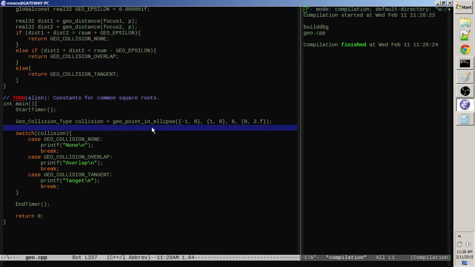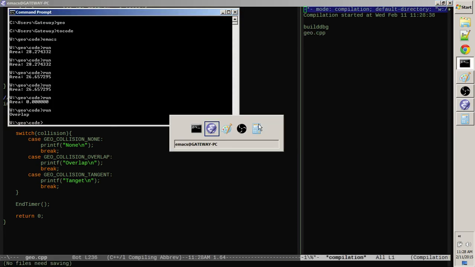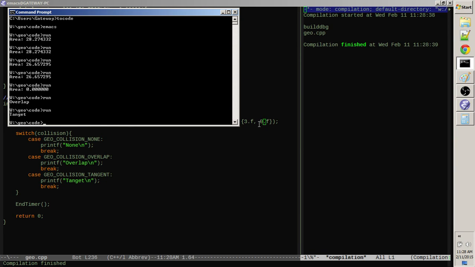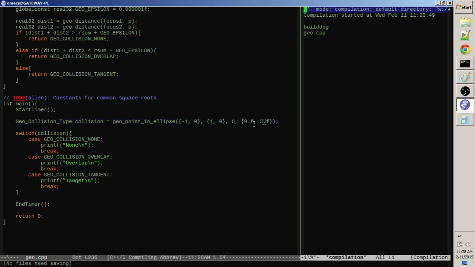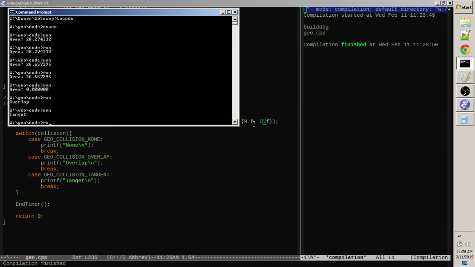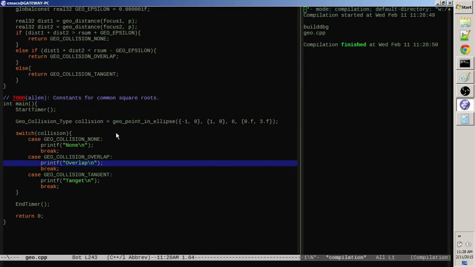Cool. Let's try a point that's going to be right on the edge, like the one we were discussing, 3, 0. Cool. Now one that should be outside is 0, 3, right? Because like we were saying, if this was a perfect circle, 0, 3 would lie on the edge, but we've actually shrunk the top and bottom, and so now we're outside. Awesome. So that's pretty good.